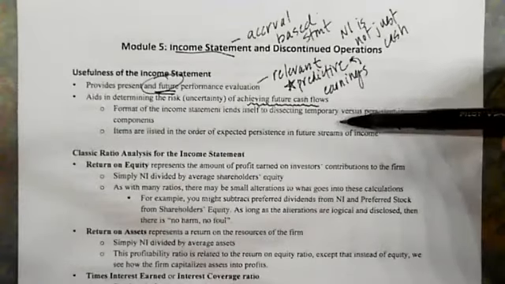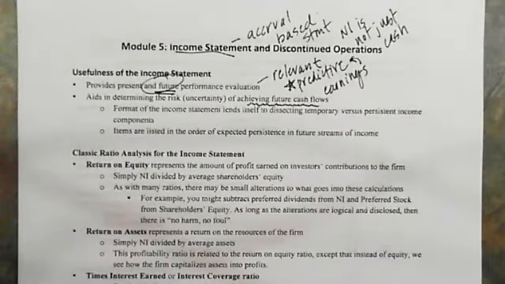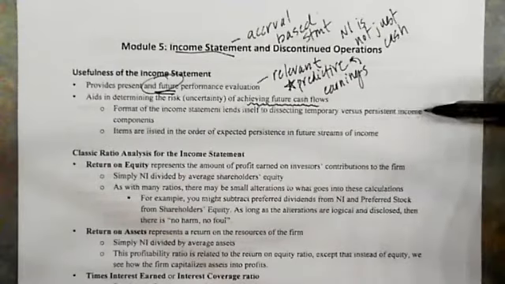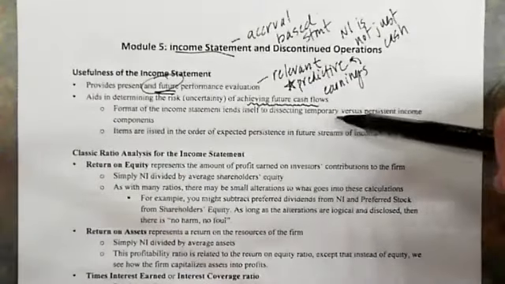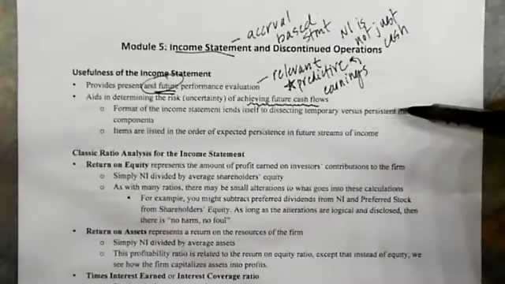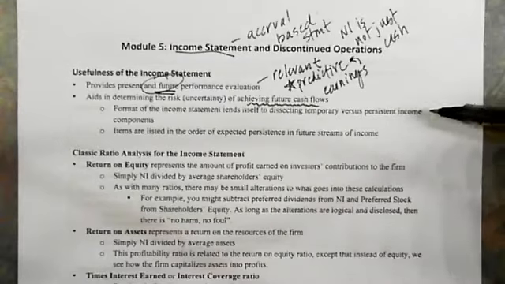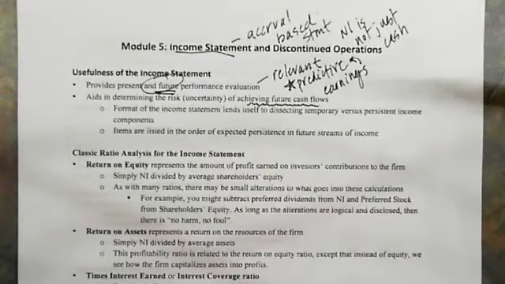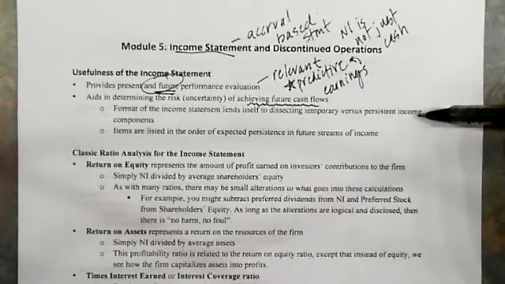When we're looking at those future cash flows, the format of the income statement itself lends to dissecting temporary versus persistent income components. What I mean by that is that every earnings figure will have some items that will continue and be highly correlated in future earnings, whereas there will be other components of that earnings figure that will not be highly correlated to future earnings and will just be a temporary phenomenon in the earnings stream.